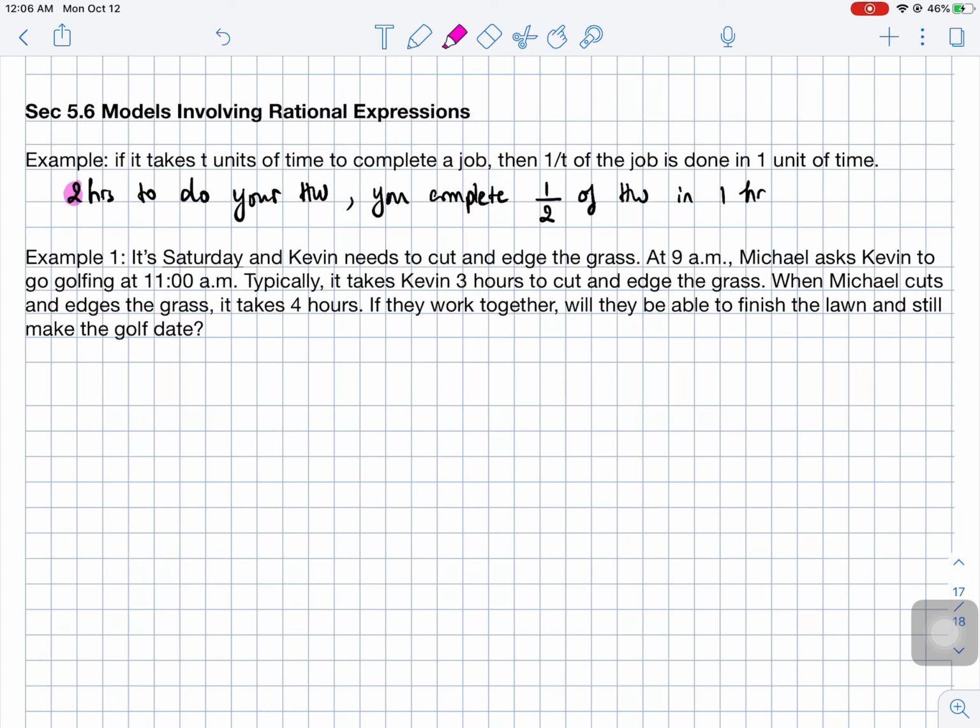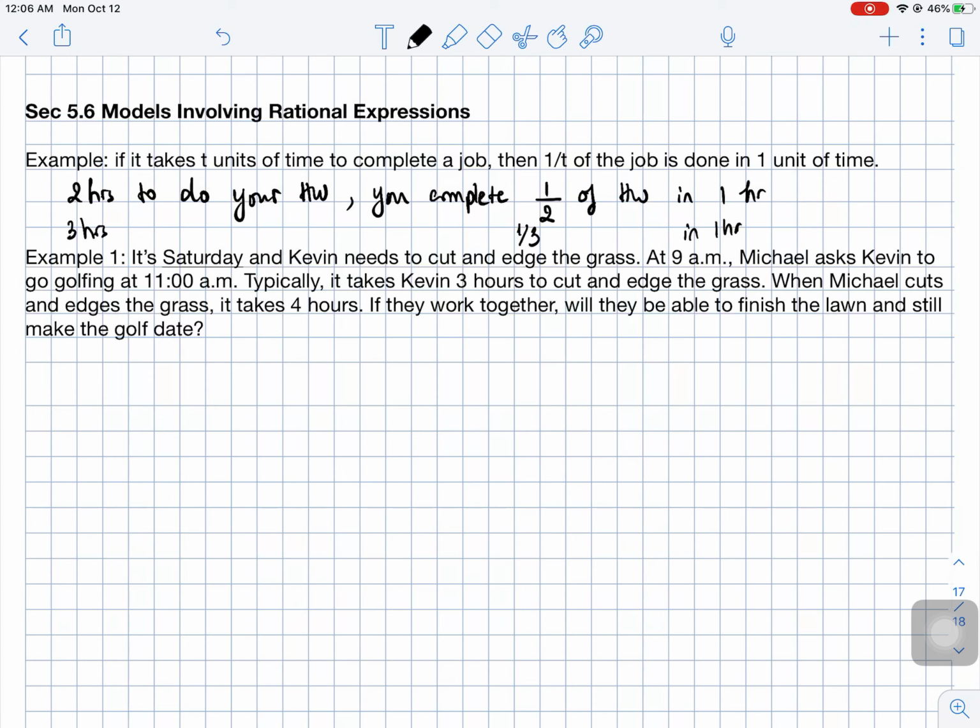So if the time to finish the homework is 2 hours, then in 1 hour you will finish 1/2 of the homework. If it takes you 3 hours to do the homework, then you complete 1/3 of the homework in 1 hour.